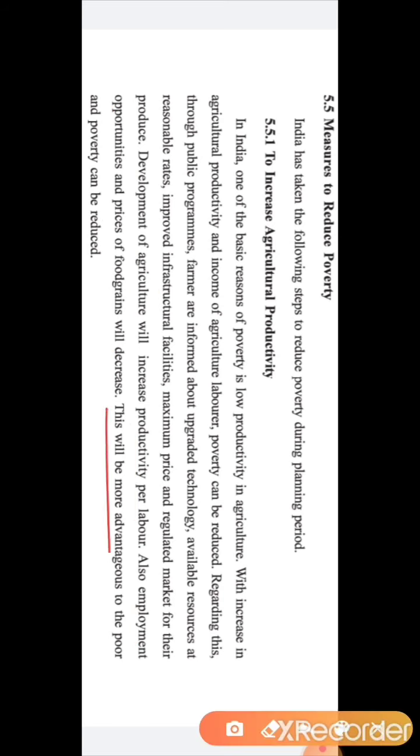This will be more advantageous to the poor and poverty can be reduced. All the benefits you have seen of increasing agricultural productivity will affect poverty. Poverty will decrease, and it will be affected in a positive way. The people living below the poverty line can get the benefits as agricultural productivity increases.